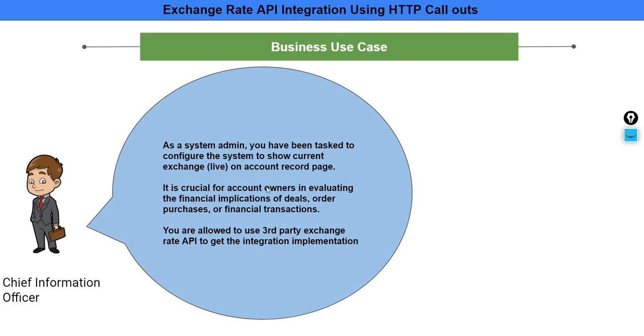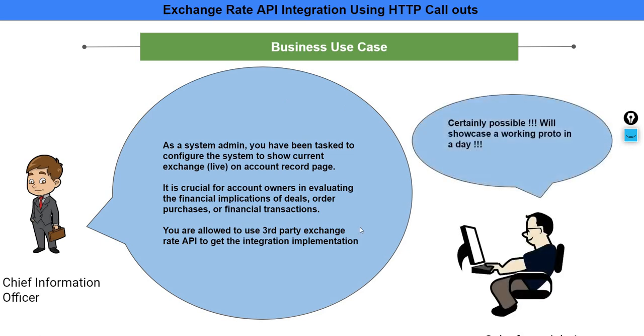Certainly this is important for the account owners to make decisions in terms of deals, order purchases, and financial transactions. So this is what we're going to implement in our scenario today.